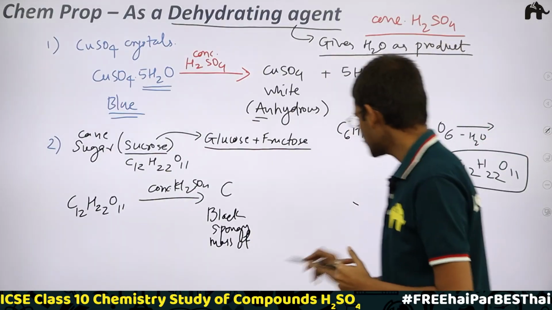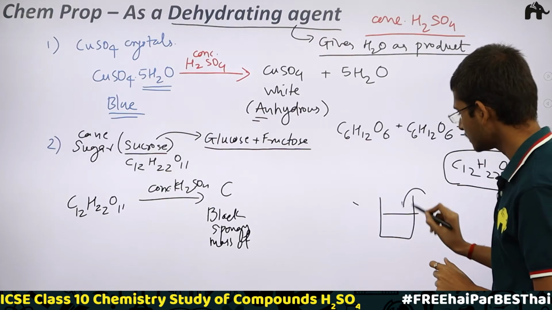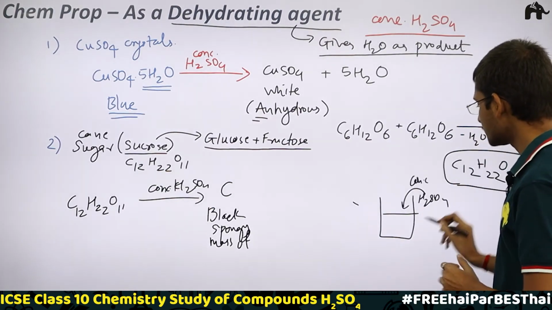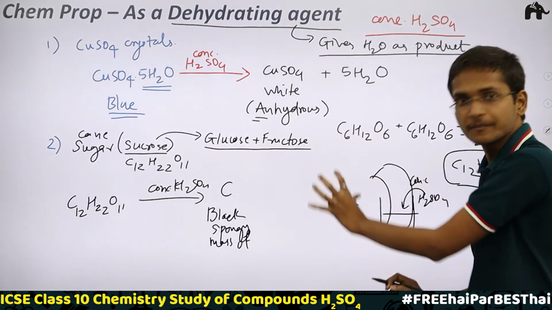So if I'm taking a beaker with cane sugar in it, and I'm adding concentrated sulfuric acid into it, what I would observe is this black mass of carbon rising out.